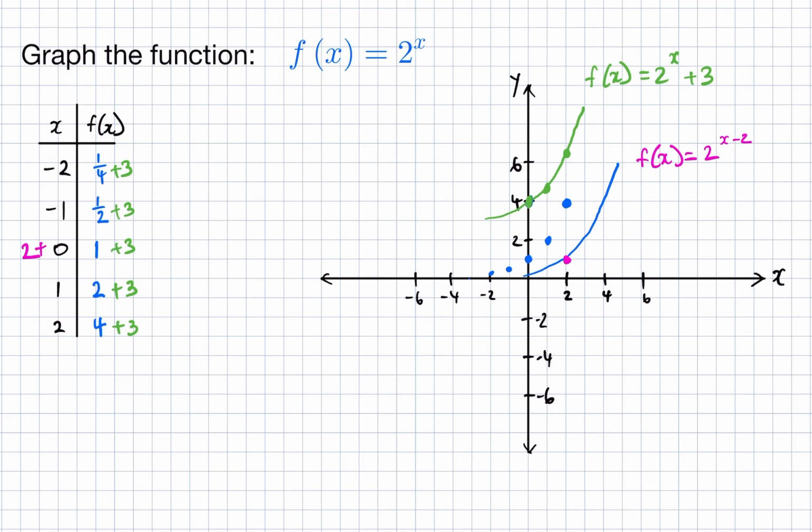Well, at f of 2, if we plug that in, we now have 2 to the 2 minus 2 power, which is 0, and 2 to the 0 power is 1. So then our new f of x is now 1, okay, which is exactly what we want.